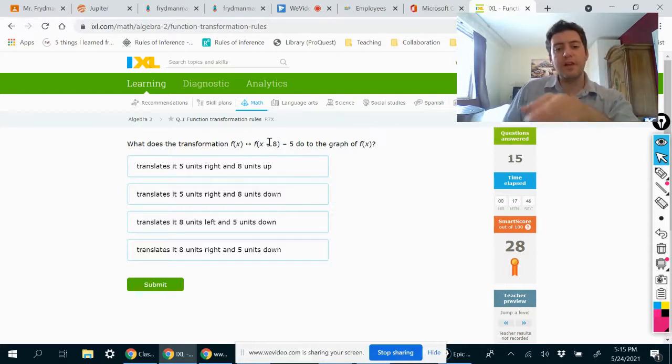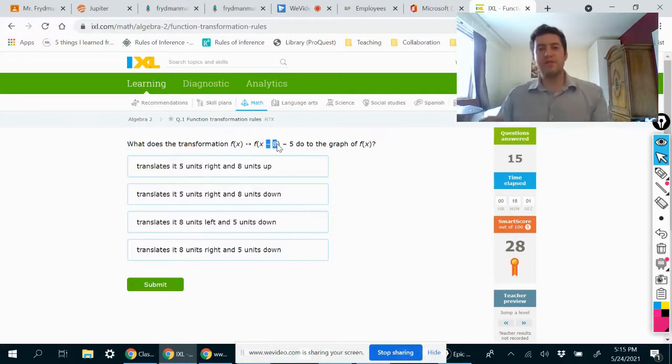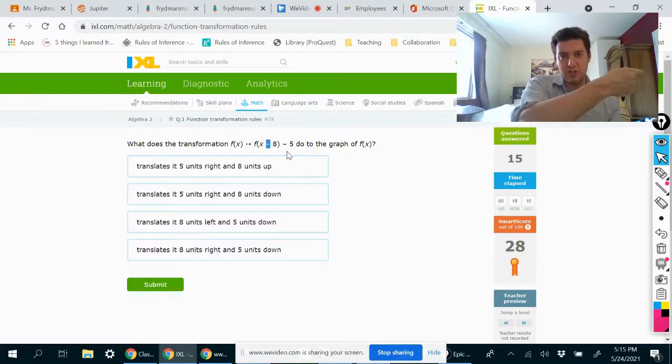If you see a plus or a minus inside the argument, then it's like the opposite. We saw a -8 here, but we didn't shift in the negative direction. We shifted in the positive direction. If I see a minus sign inside the argument, I'm going to shift in the positive direction, which on the x-axis is to the right.